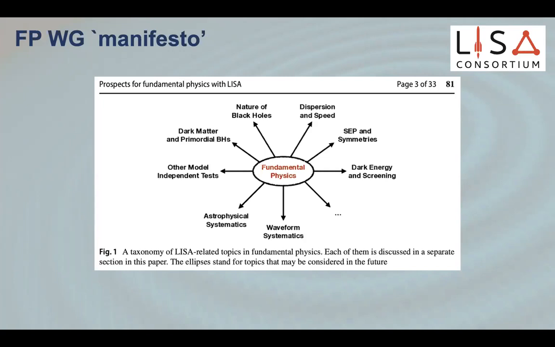Of course, there's the most mysterious arrow going to the left, which says other model-independent tests. As we all hope, it's a whole zoo of corrections and models that go beyond general relativity, and who knows, maybe something shows up.